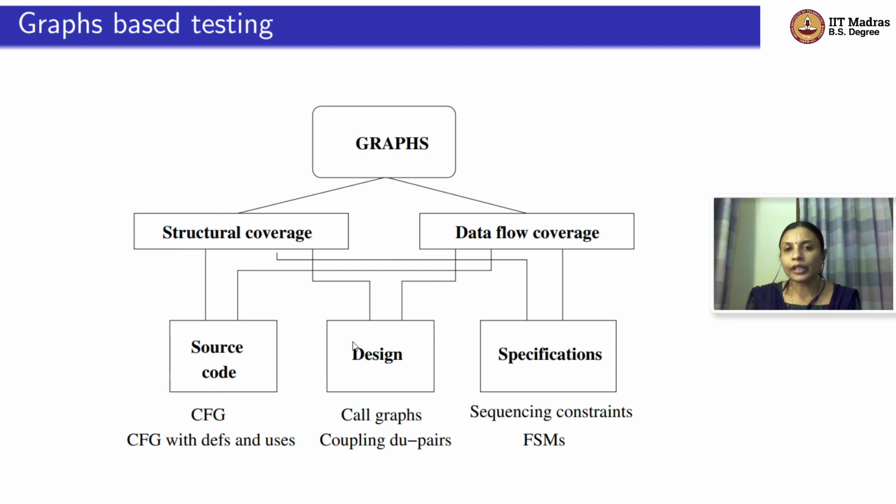We covered design integration testing, where control flow graphs became call graphs. And instead of considering all the definitions and uses of data, we considered coupling variables and the last definitions and first uses. We also saw that specifications can be modeled as graphs, particularly specifications like sequencing constraints, and behaviors of certain entities can be abstracted out and modeled as FSMs.